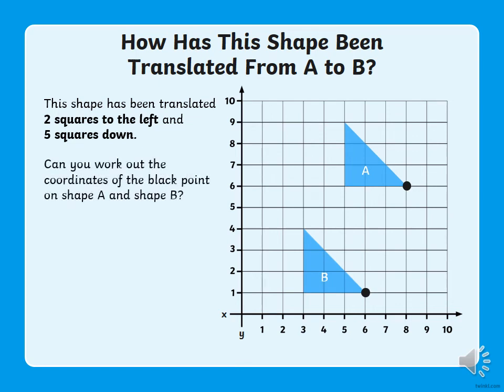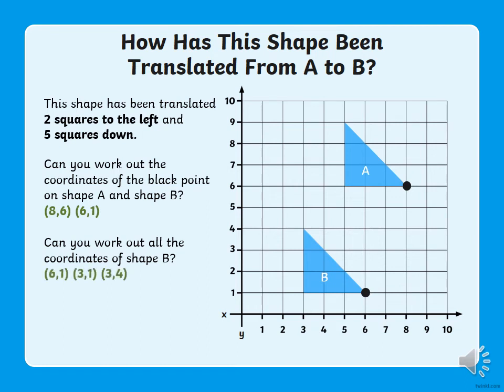Can you work out the coordinates of the black point on shape A and shape B? So pause the video for a few seconds and work out the coordinates of both black points on each triangle. Can you work out the coordinates of all the corners on shape B? Okay, so those are the coordinates.